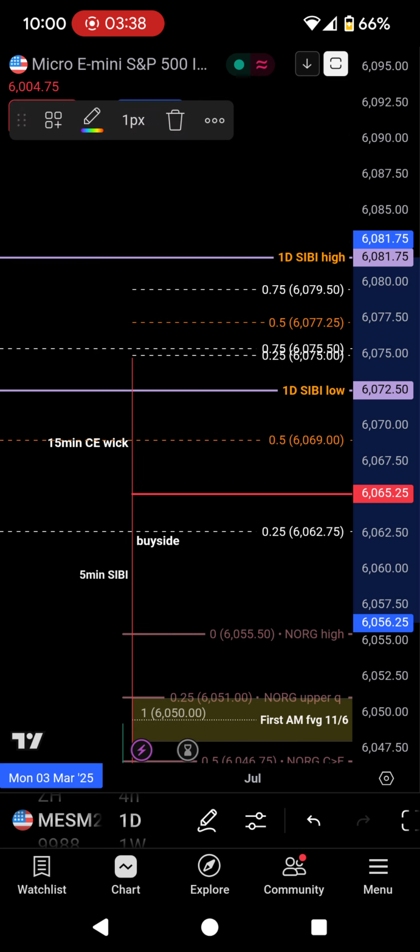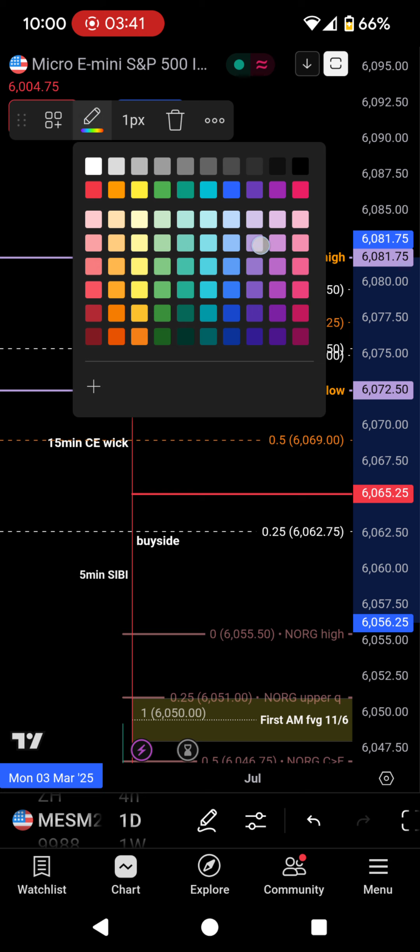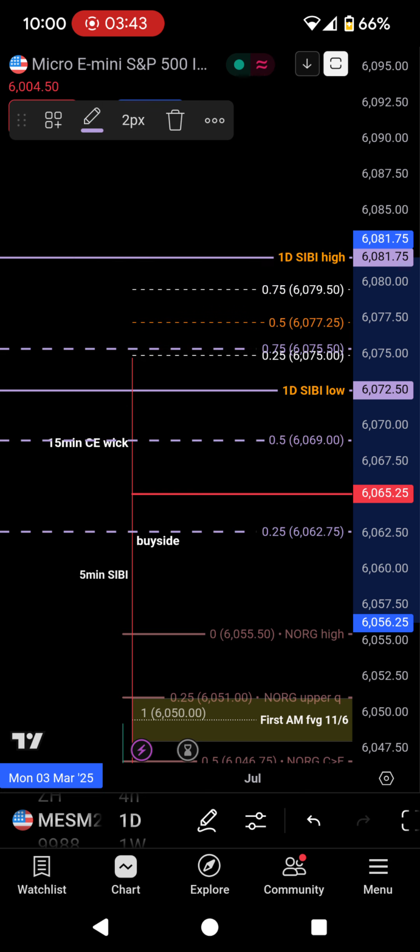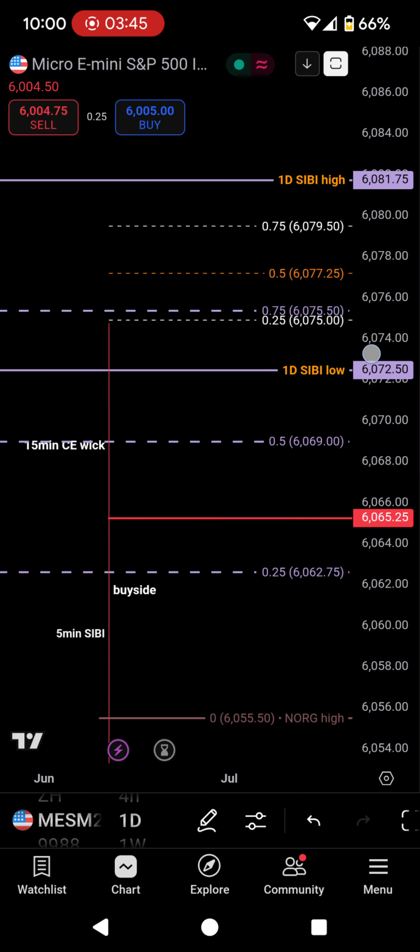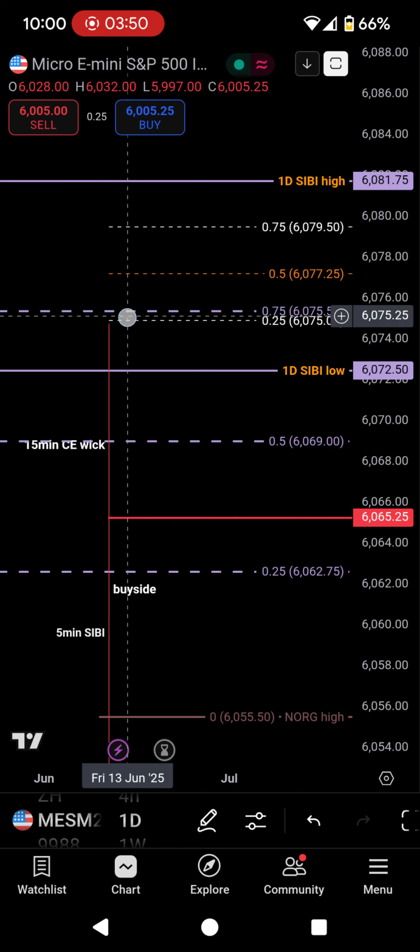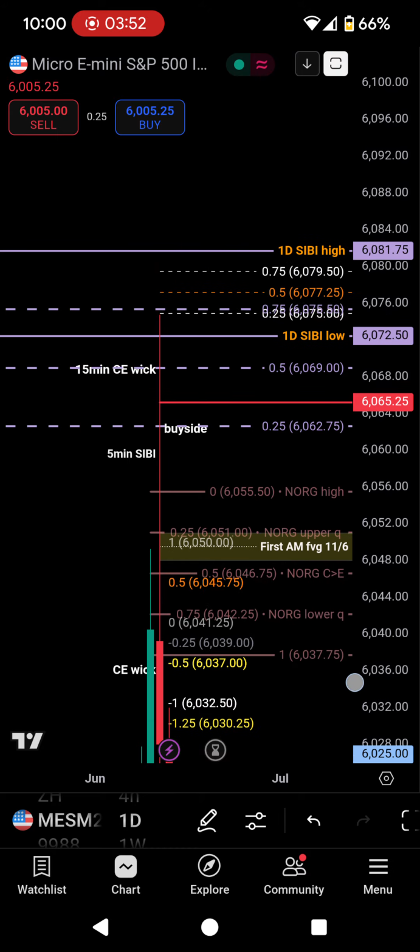So later we will see what the weekly CB can do also. I'll just make it the dark one. So this is the weekly CB upper quadrant, and this is the daily CB lower quadrant, which is not reached.